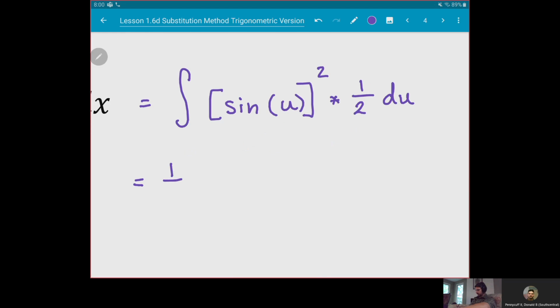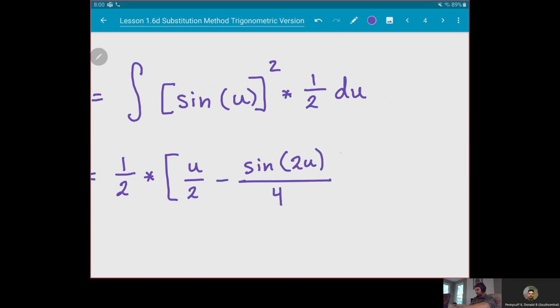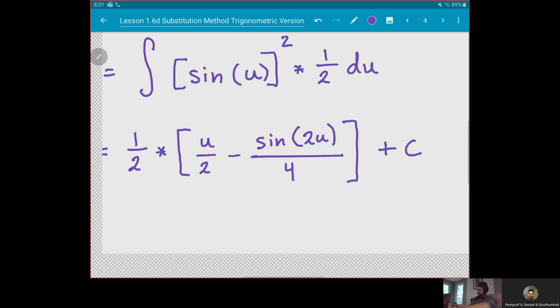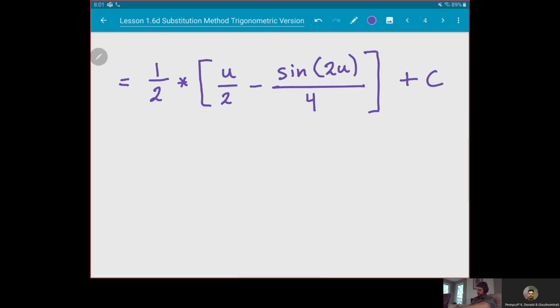So it's going to be 1/2 times u over 2 minus sine of 2u over 4 plus c. And then all I have to do is plug my u back in and distribute my 1/2.